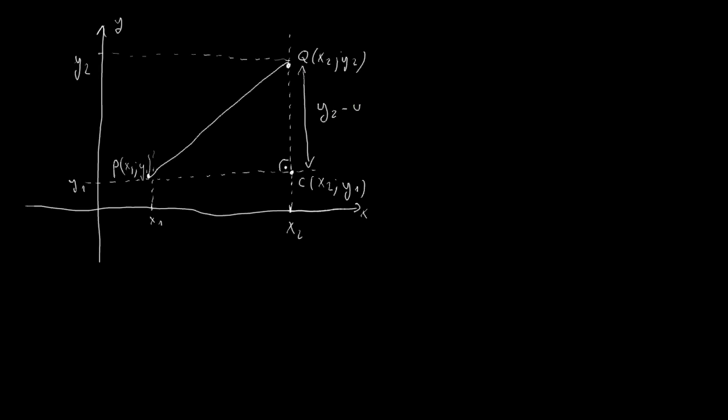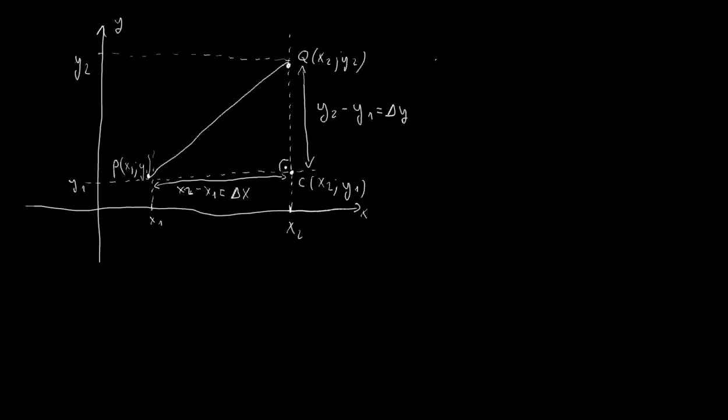So it's y2 minus y1 equals delta y, and this is the delta x, the increment in x, x2 minus x1, that equals delta x. And if you've started calculus, you should be familiar with the Pythagorean theorem.